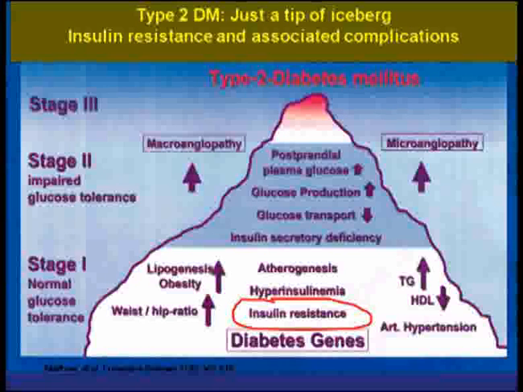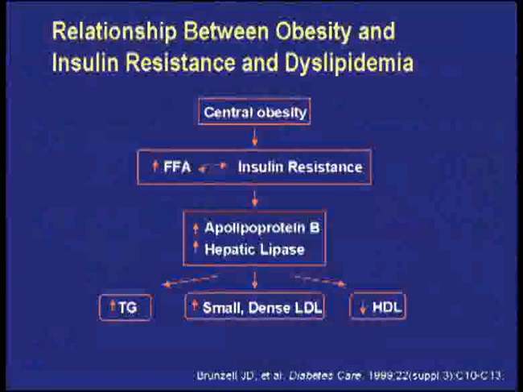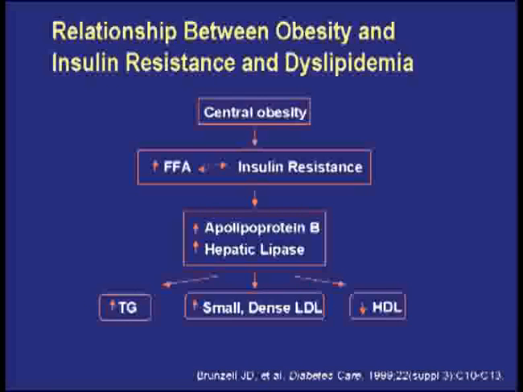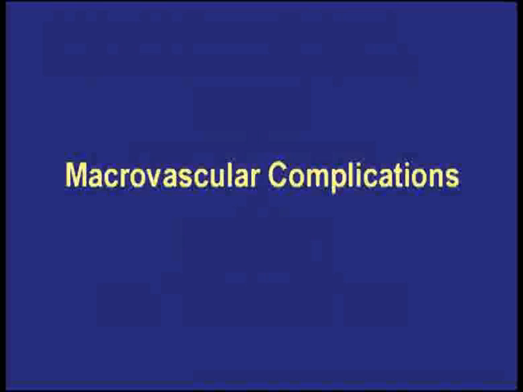The relationship between obesity, insulin resistance and dyslipidemia goes with free fatty acid mobilization; insulin resistance leads to apolipoprotein B and hepatic lipase activity stimulation with atherogenic dyslipidemia, which predisposes to CVD in the hypertensive diabetic patient with high TG and low HDL.